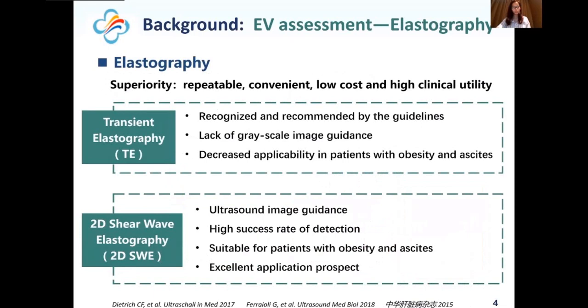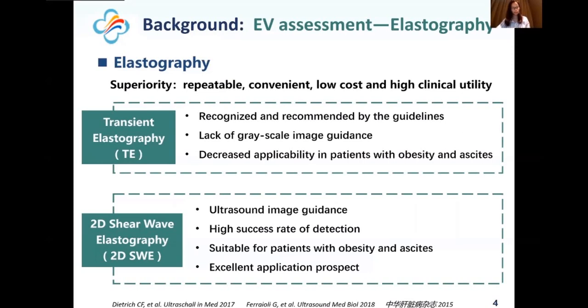It is repeatable, convenient, low cost, and also of high clinical utility. At present, the main technologies in clinical application are transient elastography (TE) and 2D shear wave elastography (2D-SWE).